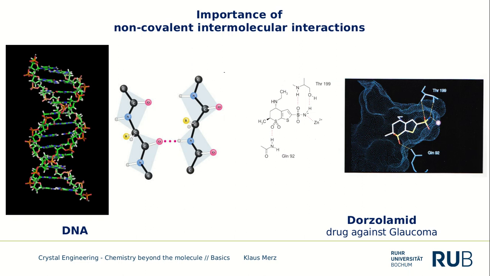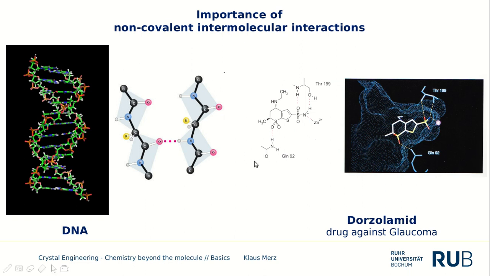Yes, glaucoma, in German the name is grüner Star. And the problem is the inhibition of water outflow from the anterior chamber. The aim was, or is, to find a molecule with a perfect size to fit the binding pockets and inhibit a special enzyme.